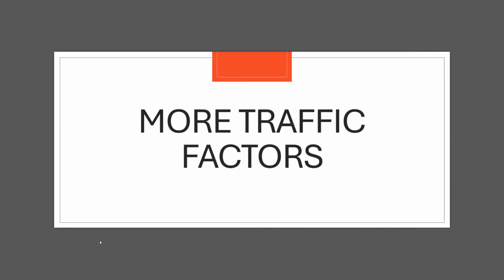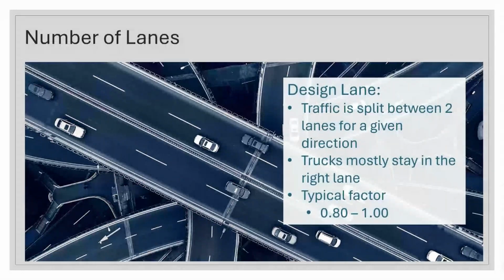Now, there are some other traffic factors that I need to think about. One of those is how many lanes do I have? So number of lanes. If you have all 2-lane roads in your county, this probably doesn't affect you much, but you do know that if there are 2 lanes, some traffic goes one way, some traffic goes the other way. So we do have traffic split in direction, but what this is talking about is a design lane.